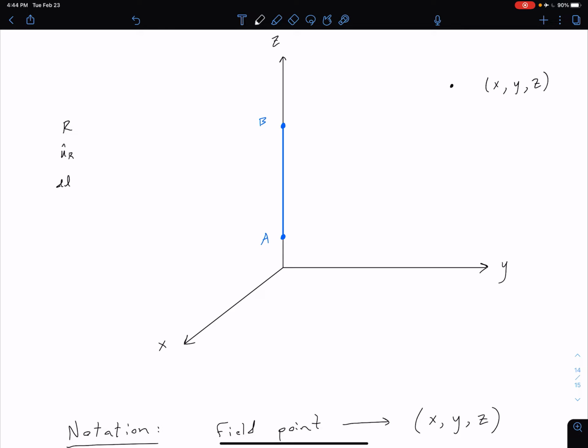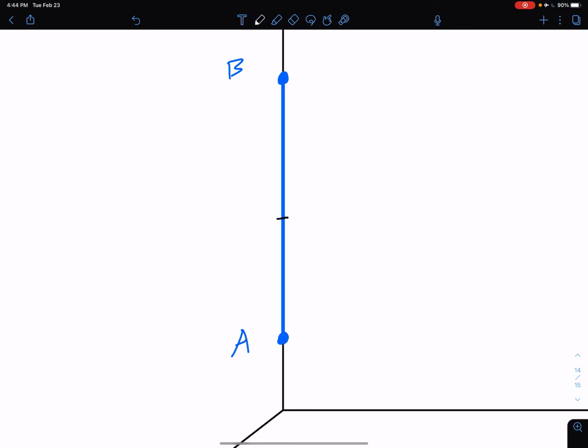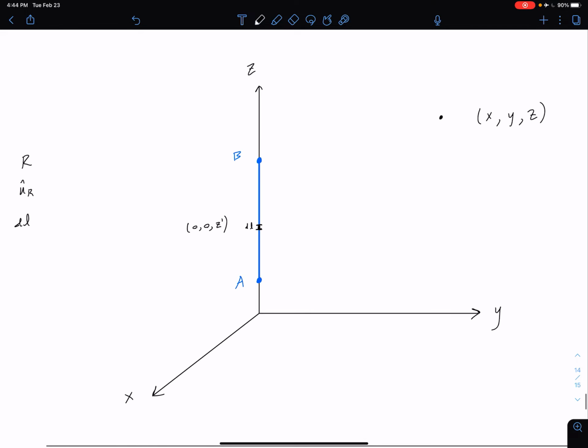Okay, so we can start by considering a dl segment of our line. If we zoom in here, we can consider some differential length. So this is some dl. And this point, of course, is going to have 0 x and 0 y. So this is at point 0, 0, and again this is our source point, so we're going to call that z prime.